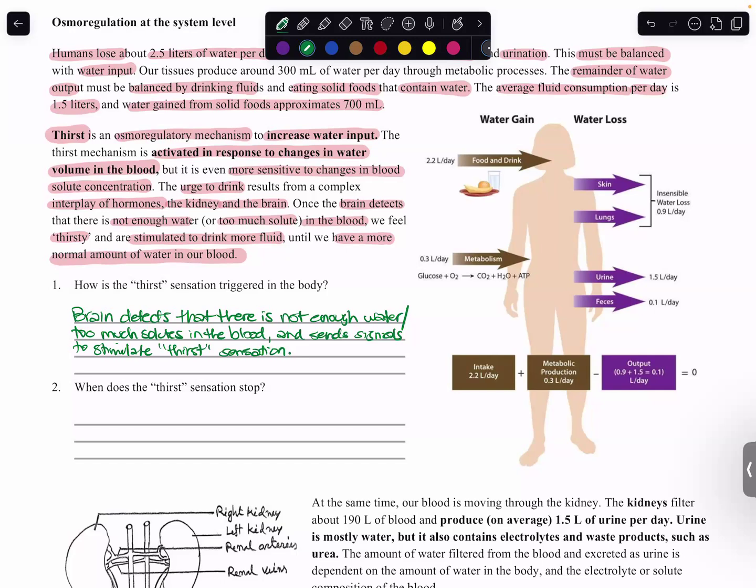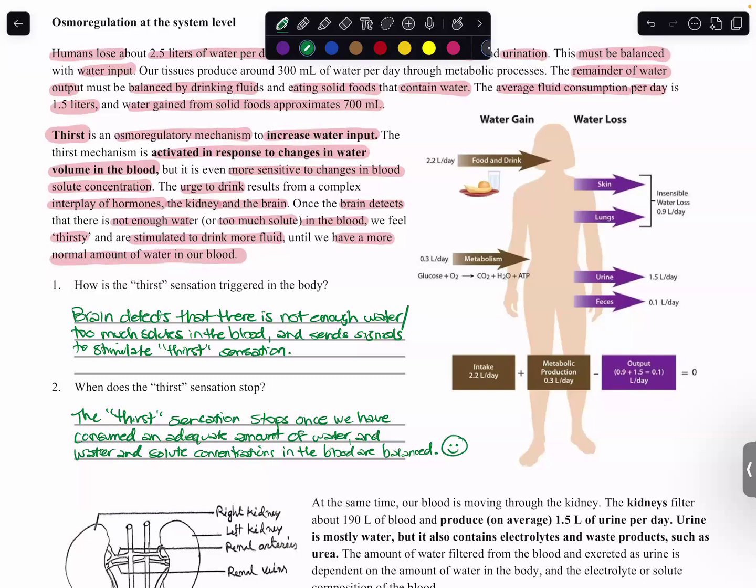Now, when does the thirst sensation stop? Well, the thirst sensation stops once we've consumed an adequate amount of water and water and solute concentrations in the blood are balanced, right?